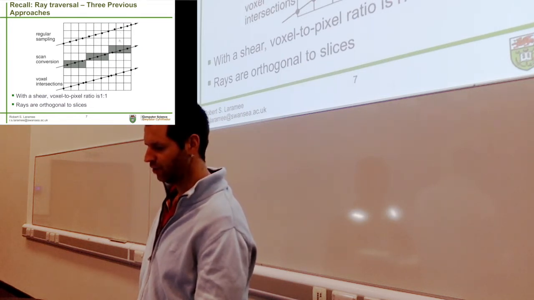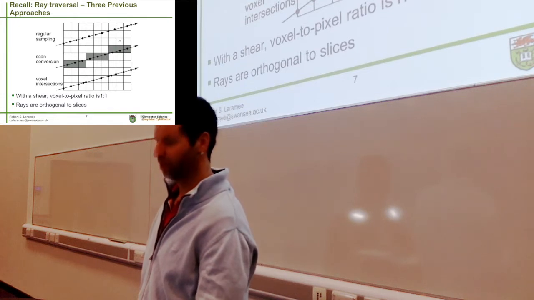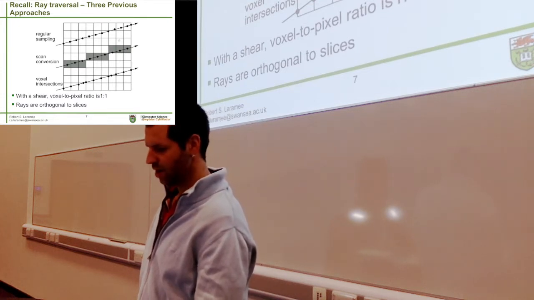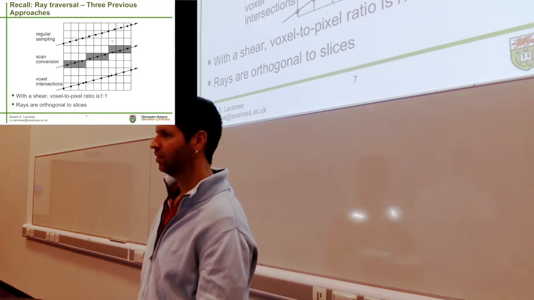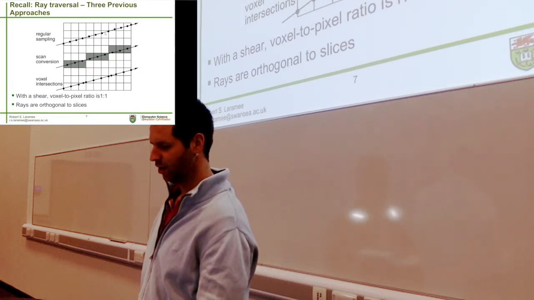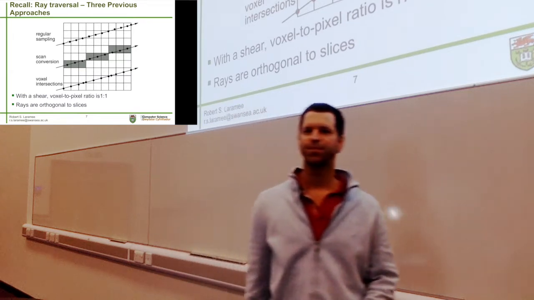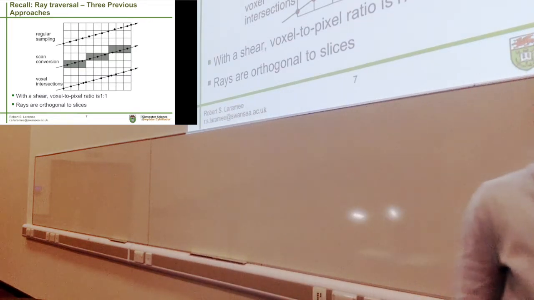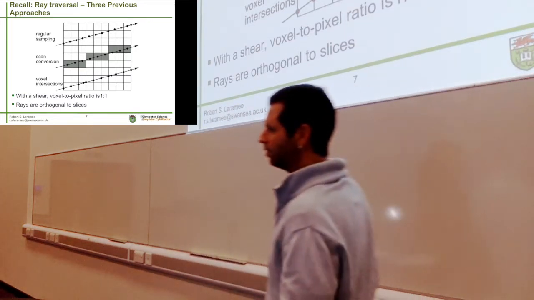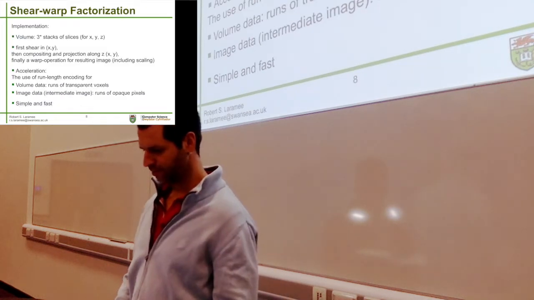This one would get shifted down the second most, and this one would get shifted down the third most. Does everybody see that? Here we only have to shift 1 unit down, 1 unit down, half of a unit down, half of a unit down, like a fraction of a unit down, and this one we wouldn't have to shift at all. That's the shear. That's the shear part of the algorithm.